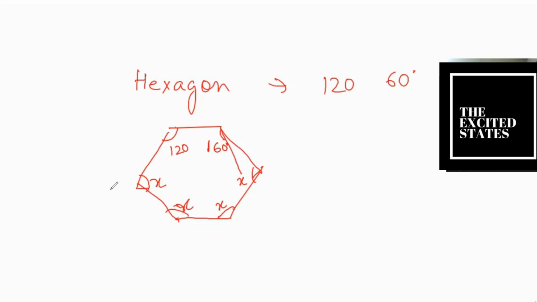Let us do this. Your method is right, 100% right. You just calculate and tell me. See, in a hexagon, two angles are given. They are 120 and 160. Other four angles are equal. So what is the measure of each angle?